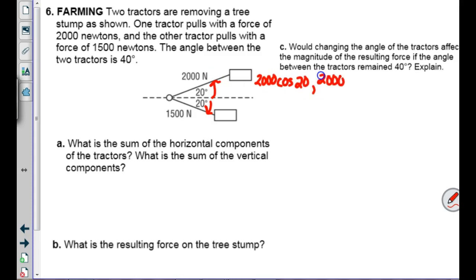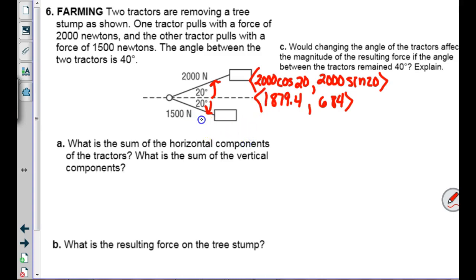And 2,000 sine of 20. 2,000 cosine of 20, 2,000 sine of 20. I got 1879.4. Anybody? Did I type it right? And 684. Did anybody else get those numbers?